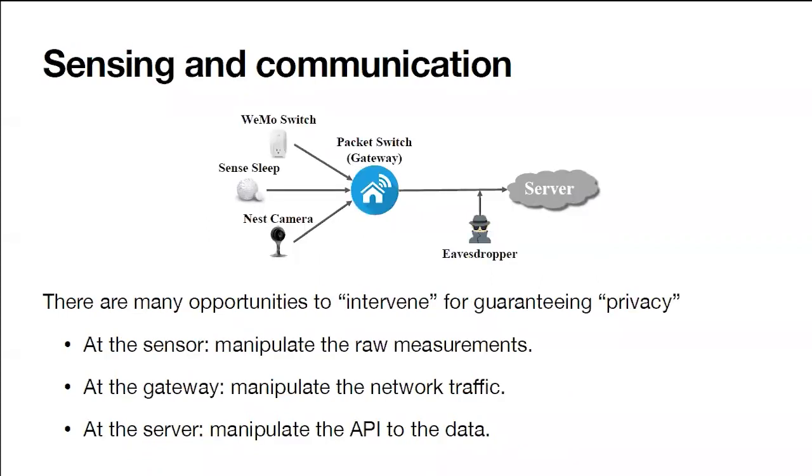One thing to think about is that there are many different opportunities through which you could intervene and talk about guaranteeing privacy, whatever that means. A lot of times when you talk about these things, they talk about something called a privacy barrier. After this link, we've guaranteed privacy.